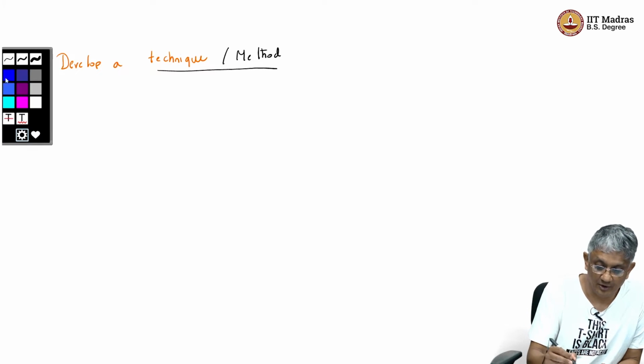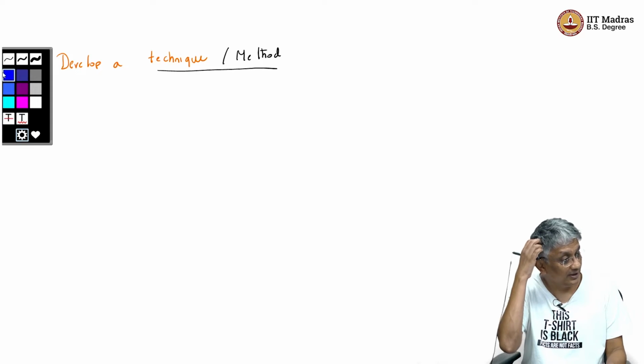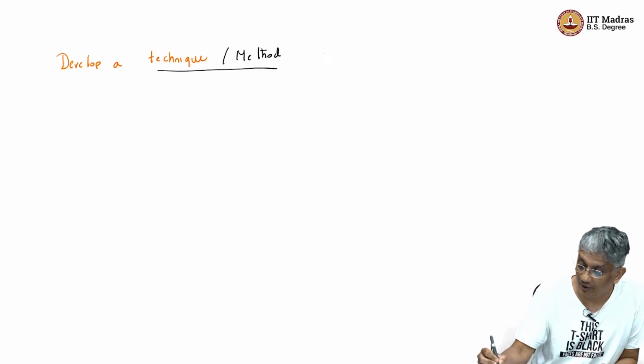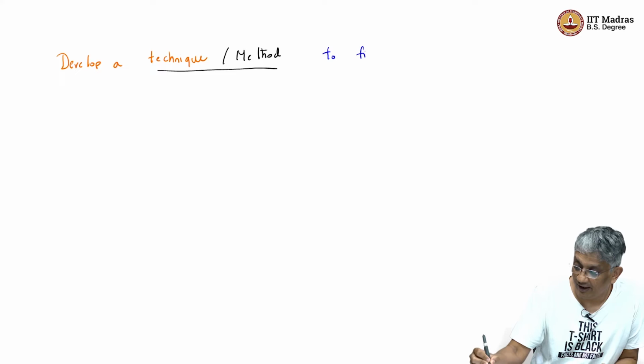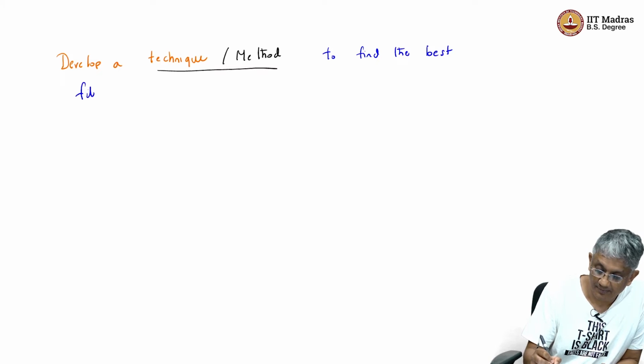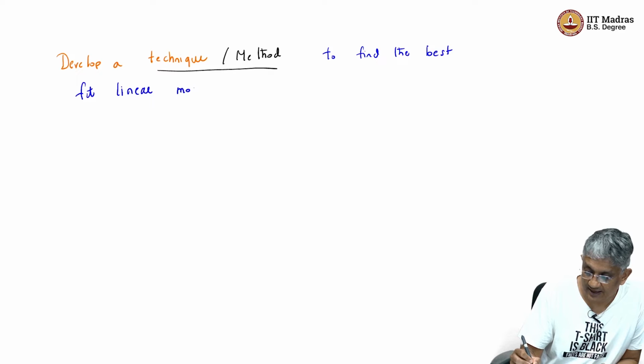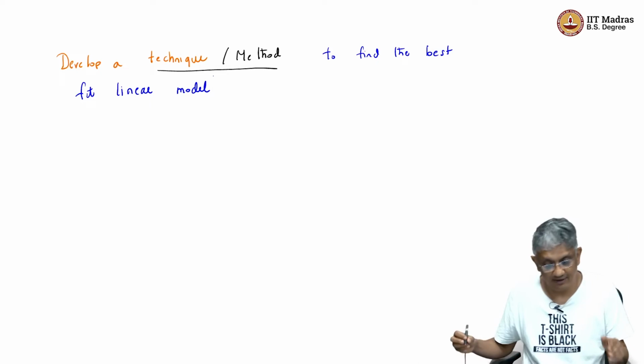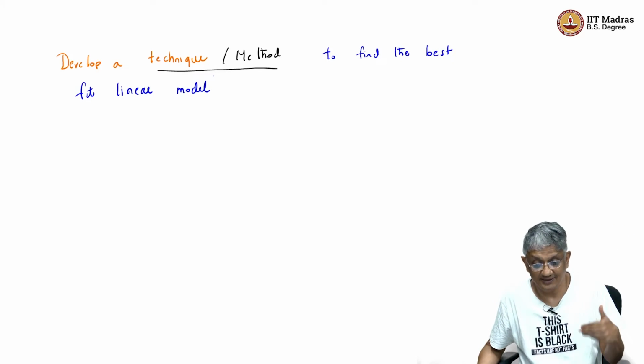What I want to do is choose a linear model to find the best fit linear model. This is like a brute force technique we'll do today, and then we do statistical analysis on this as the course goes along.